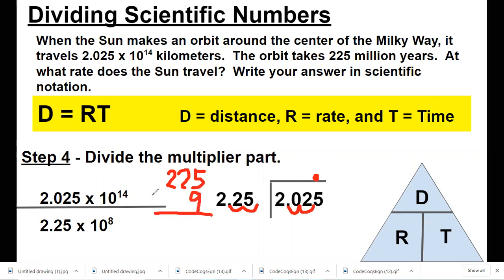Let's see what we're at when we do this. 5 times 9 is 45. Put down the 5, carry the 4. 2 times 9 is 18, plus 4, 22. Carry the 2. 2 times 9 is 18, 19, 20. That's exactly correct. So it goes in there 9 times. And the 9 is going to go over my 5 because I took it into the whole number.